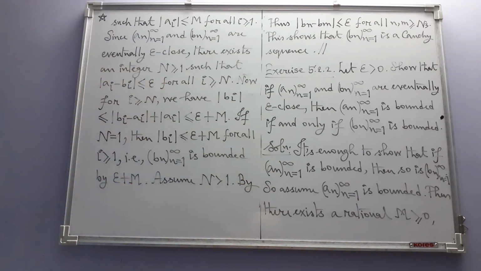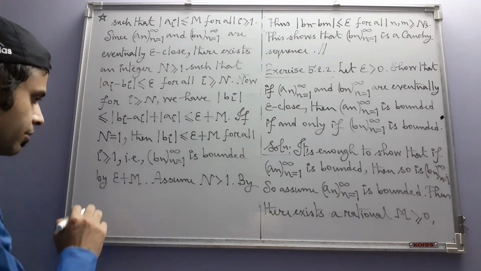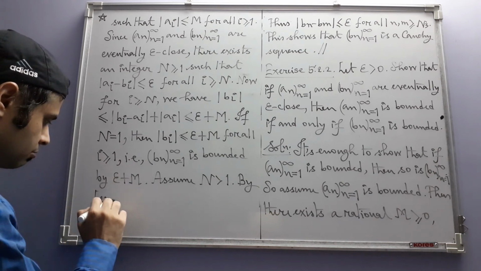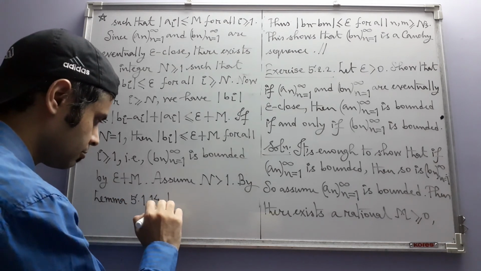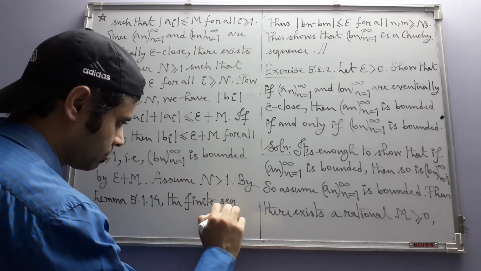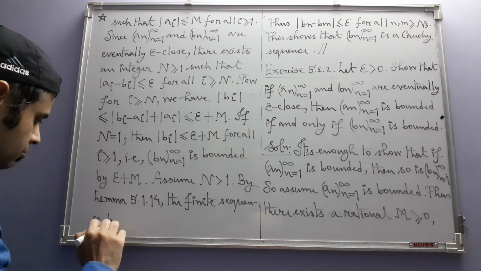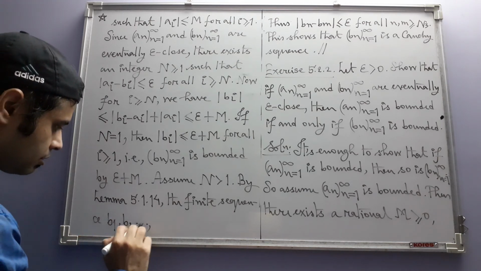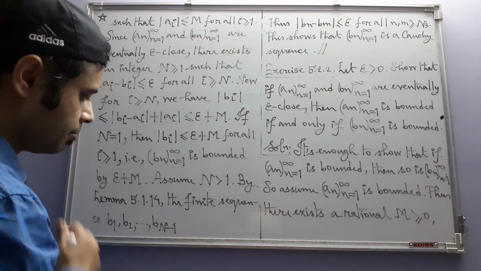By what was that result? That says that bounded sequences are, by lemma 5.1.14, the finite sequence b1, b2, etc. up to bN minus 1 is bounded.